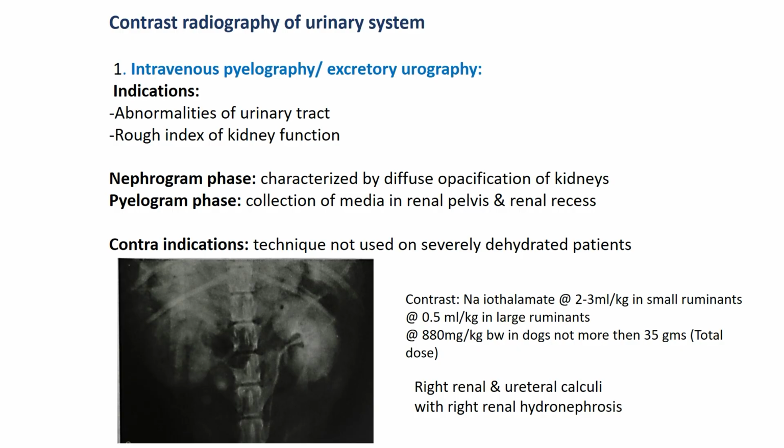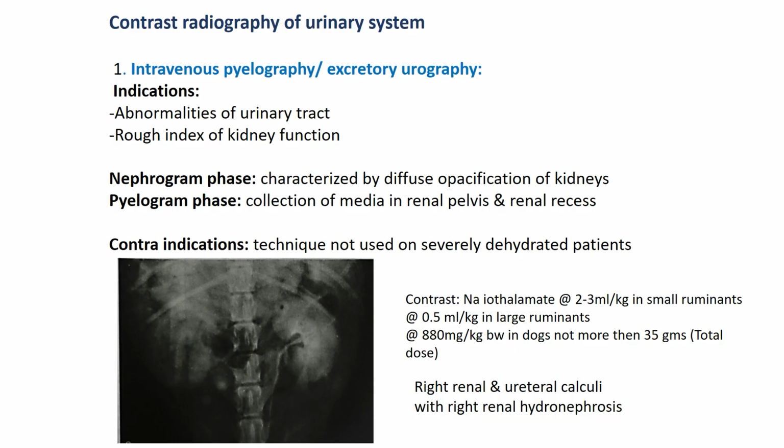Technique to perform this contrast radiography: first of all, you should keep the animal off feed for at least 12 hours and off water for 8 hours in dogs. Then place the animal in lateral recumbency.